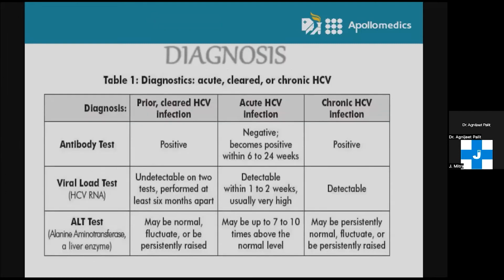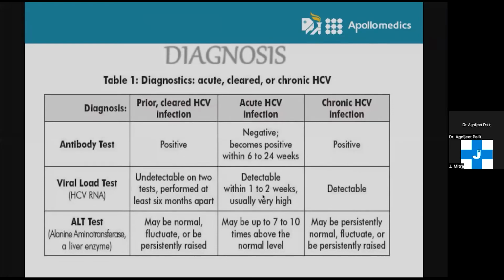So if we see the various phases of infection, if the patient has a prior cleared HCV infection, the antibody test will be positive, viral load, that is HCV RNA, will be undetectable at 2 tests done 6 months apart. ALT may be normal, fluctuating or persistently raised. In acute HCV infection, the antibody will be negative because it becomes positive only after 5 to 6 weeks.